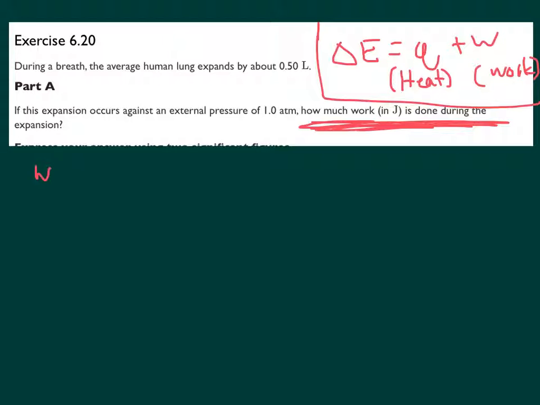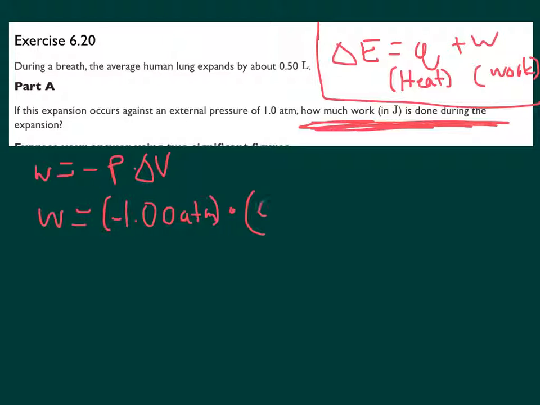So work, as earlier we stated, equals minus pressure multiplied by delta V. Perfect. So we know everything, don't we? We just don't know how to put it into joules. That's what the problem initially is. So work equals minus the pressure, which is given as 1.0 atm. I just put the negative in there because it was in the formula. Multiplied by the change in volume. What was the change in volume? Initially it was 0, and it says it expanded to 0.5. So 0.5 is the final minus 0 liters.